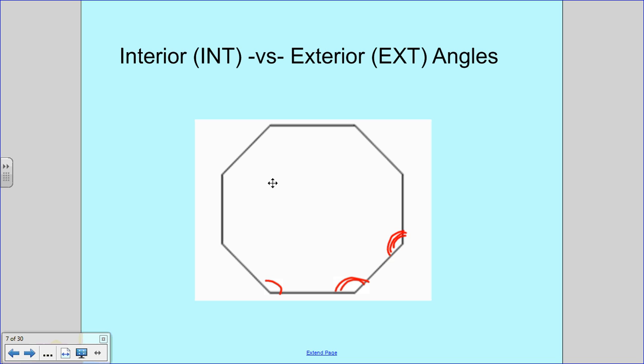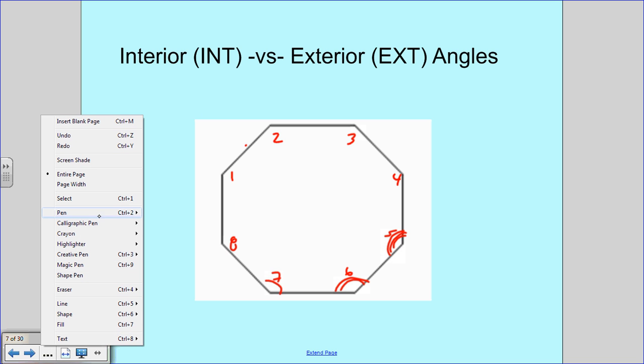And the number of interior angles is determined by the number of sides. So this figure has 1, 2, 3, 4, 5, 6, 7, 8 sides. So that means it has 8 interior angles. So again, the number of sides will determine the number of interior angles.